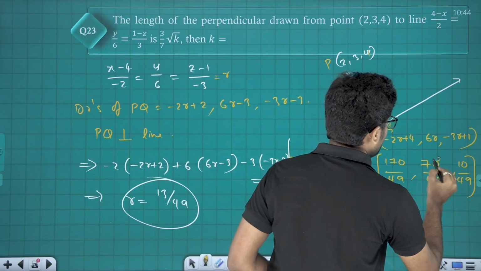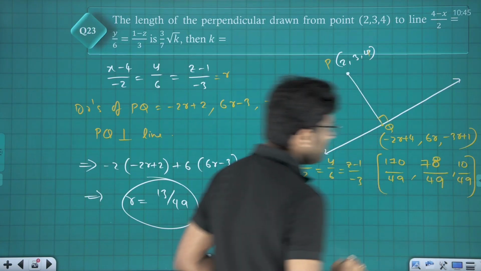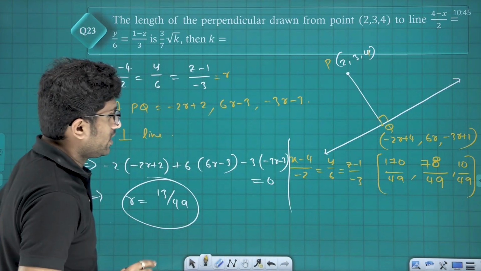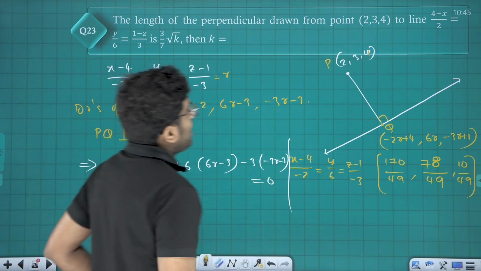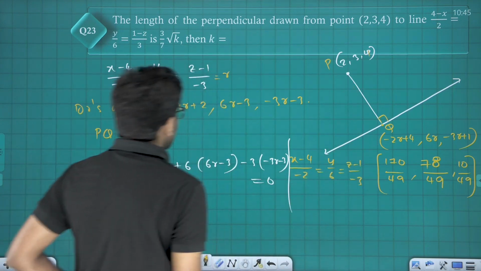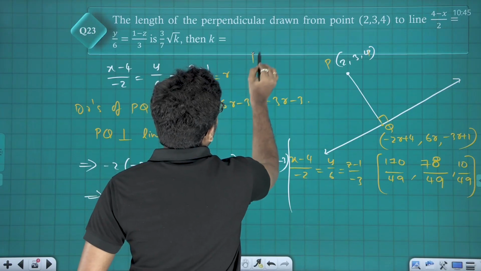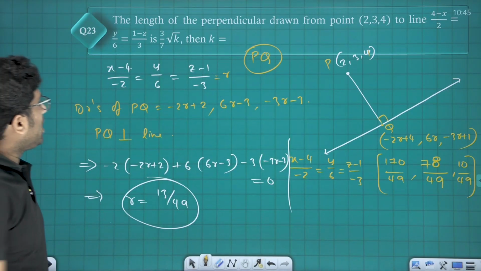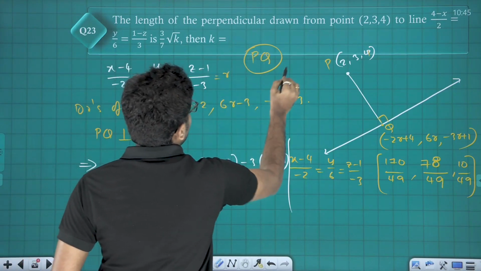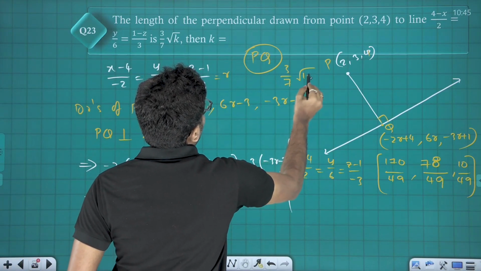Now they are asking us to find the length of this PQ, friends. So by using the distance formula, find the length of the perpendicular PQ. From there you get 3 by 7 times root 101.